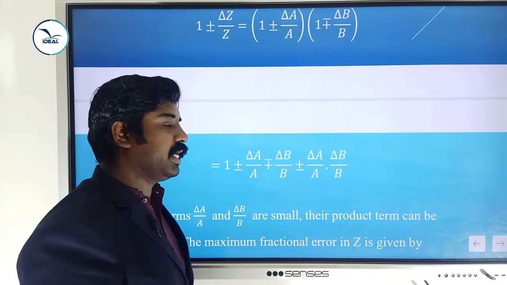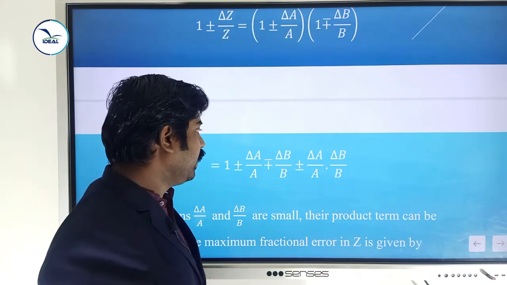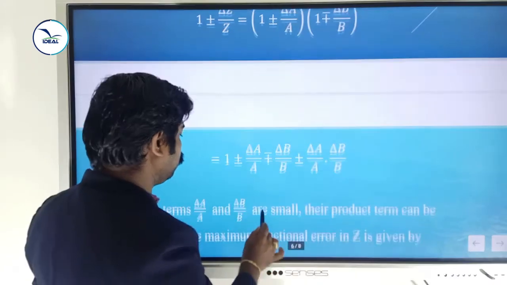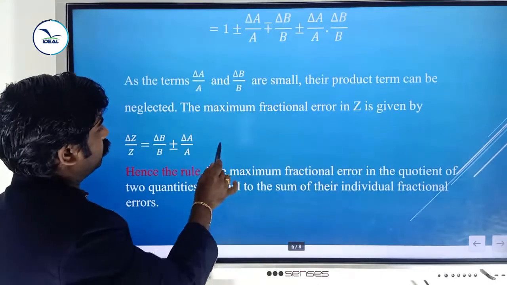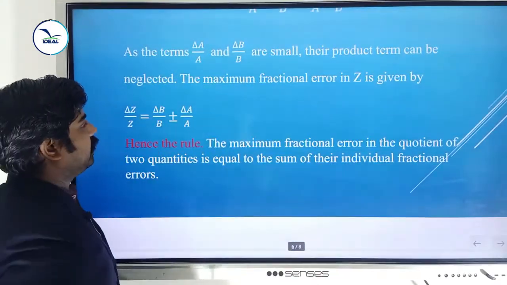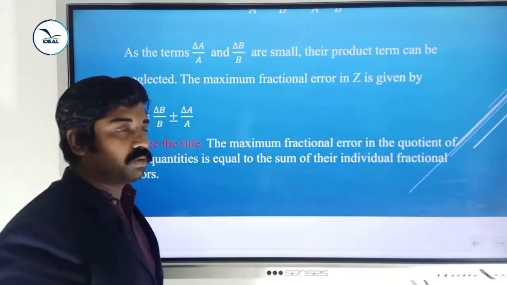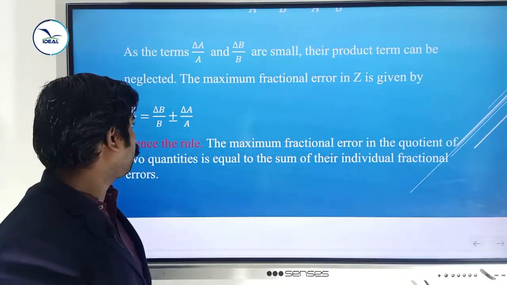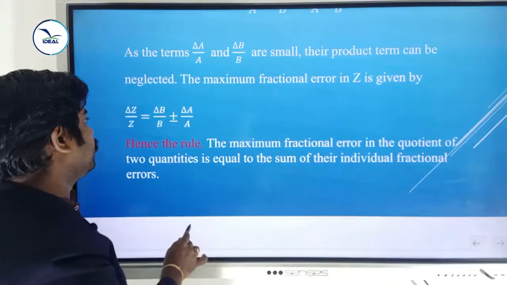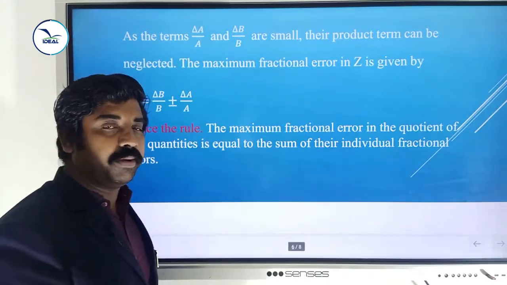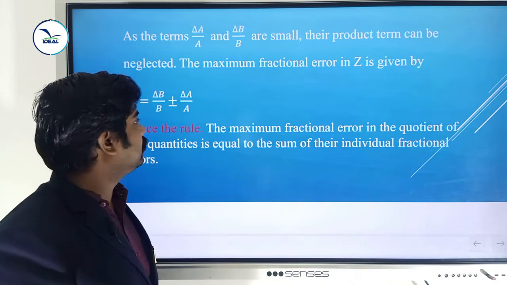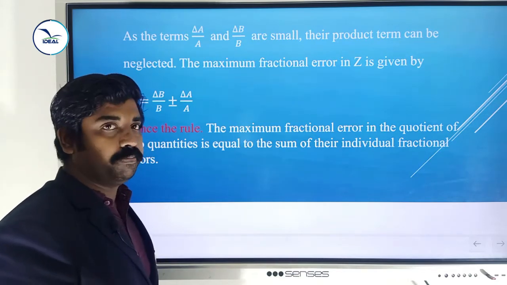Delta a by a and delta b by b are very small, so we can neglect those two quantities. So we will get delta z by z is equal to delta b by b plus or minus delta a by a, or delta z by z is equal to delta a by a plus or minus delta b by b.